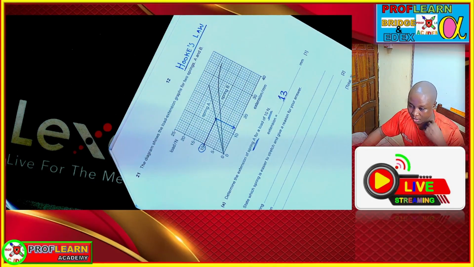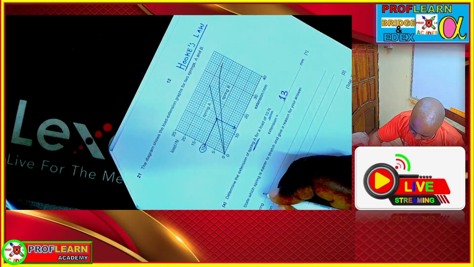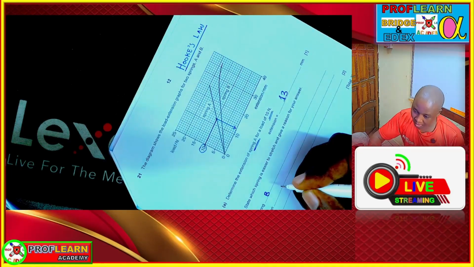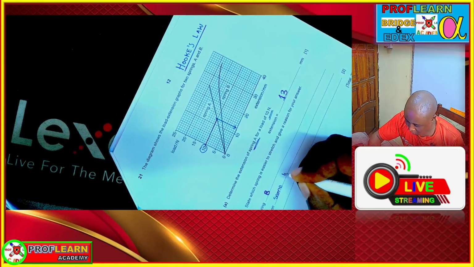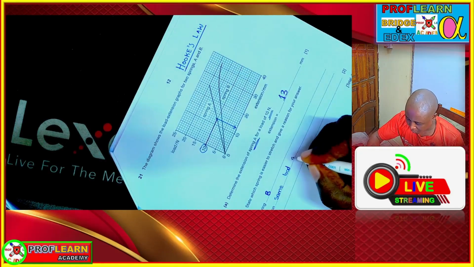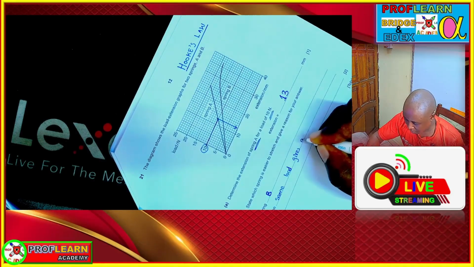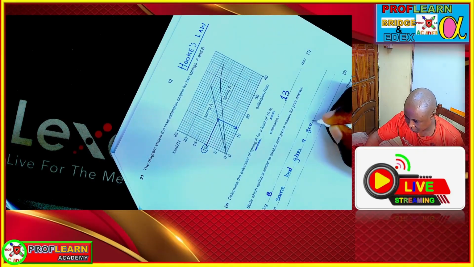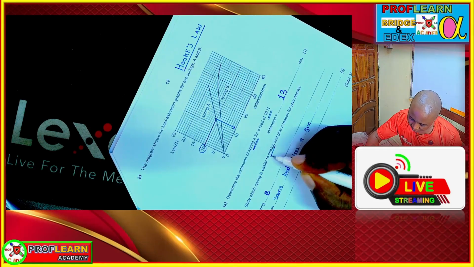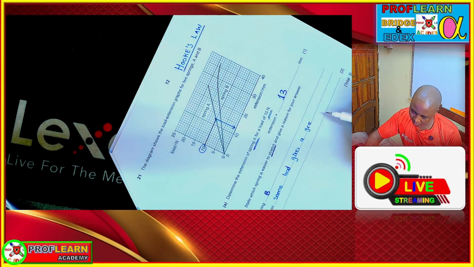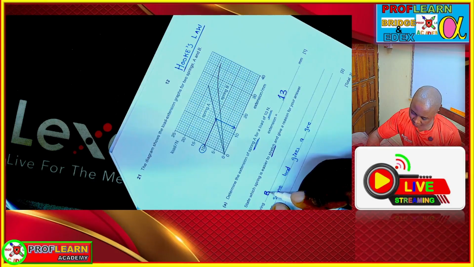So in this particular part, we are going to say the spring that is easier to stretch is B, spring B. And the reason: the same load gives a greater extension. State which spring is easier to stretch. So we are going to say it's B.